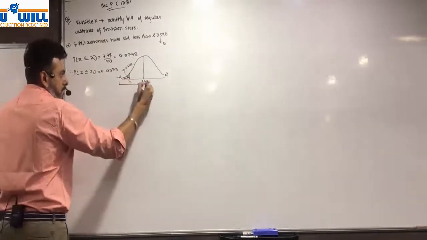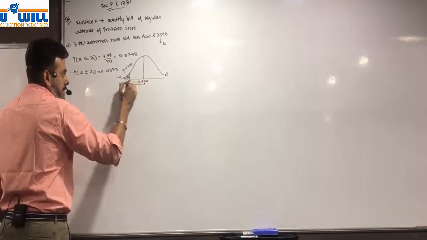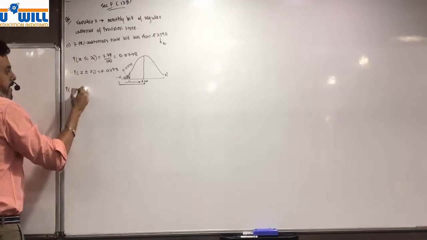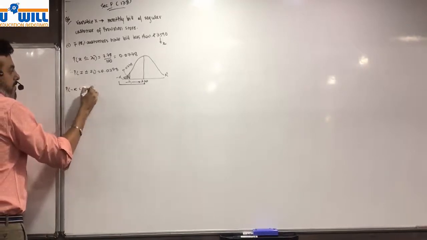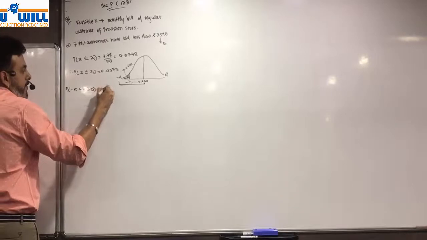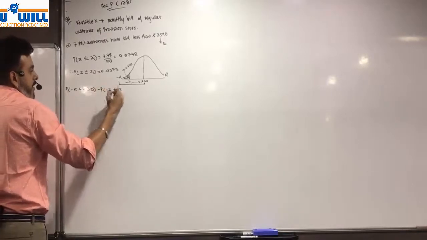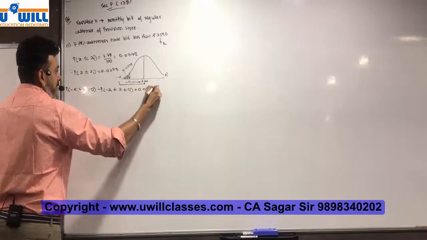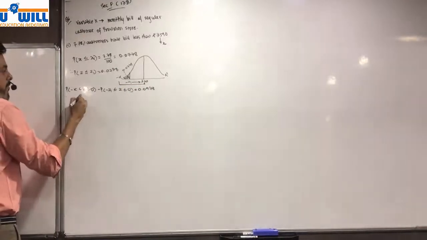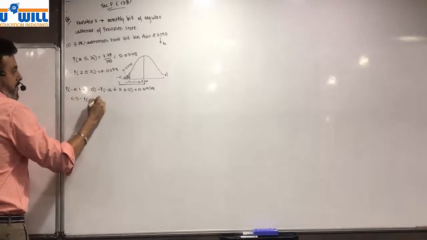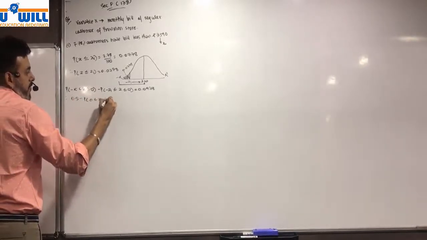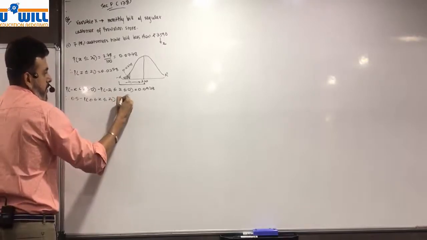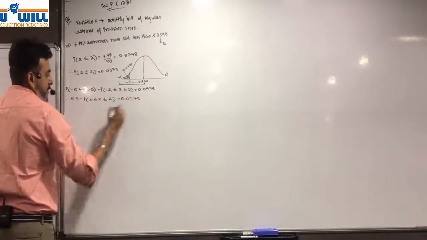So equation: infinity to 0 and minus Z1 to 0. So probability of Z greater than minus infinity less than or equal to 0 minus probability of Z greater than or equal to minus Z1 less than or equal to 0 is 0.0778. Therefore, 0.5 minus probability of Z greater than or equal to 0 less than or equal to Z1, because it is symmetric, is equal to 0.0778.